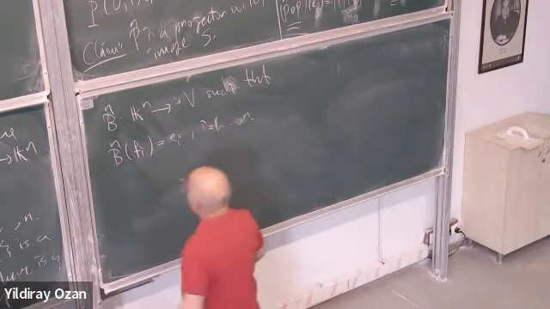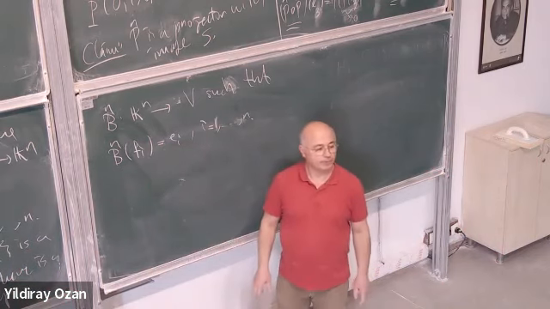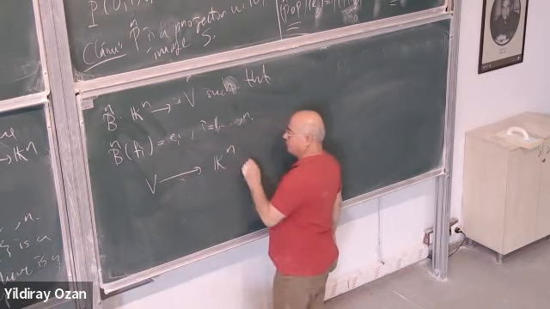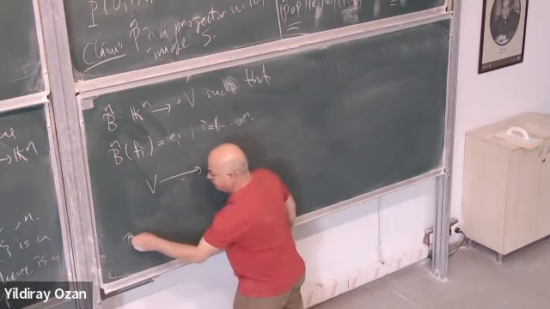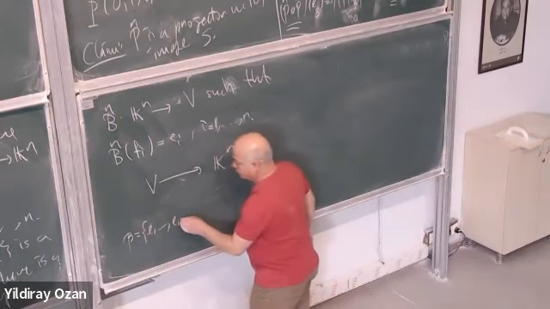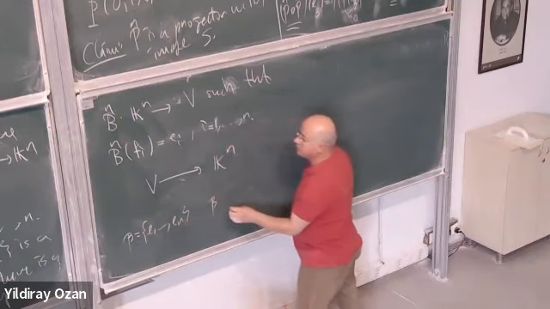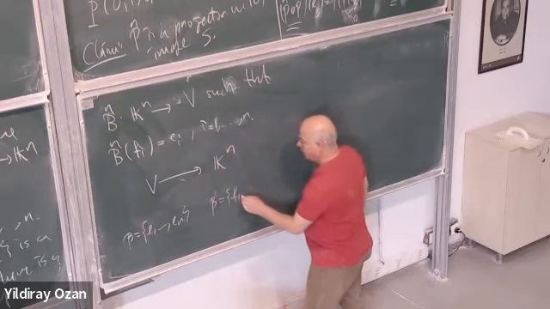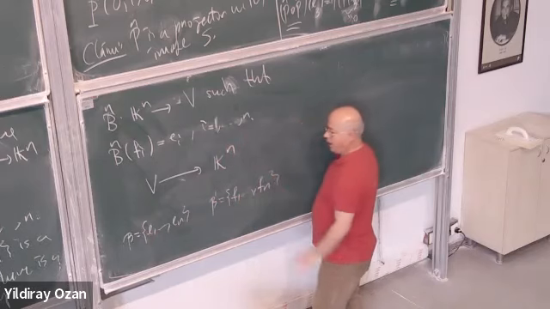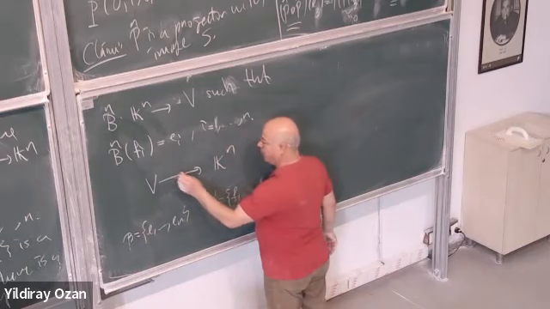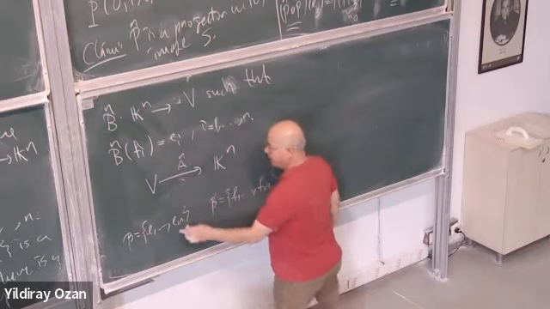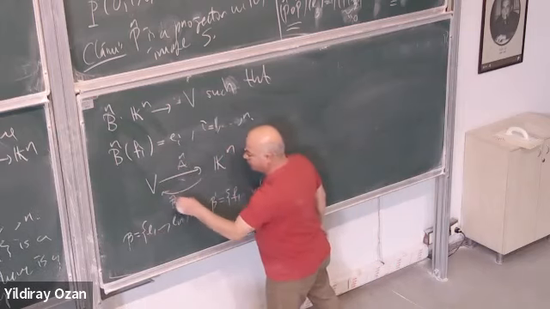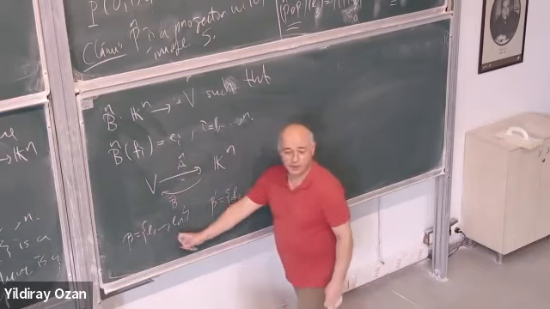Okay. Any questions so far? So we were given a basis here, beta, E1 up to En, and another basis, let's say beta prime, F1 up to Fn, and then I define a map this way, taking the ith element to the ith element here, and then B hat in this direction, taking Fi to Ei.